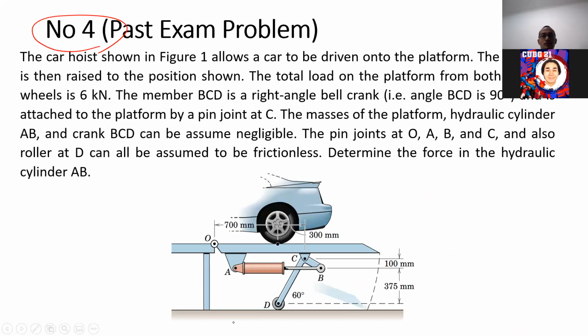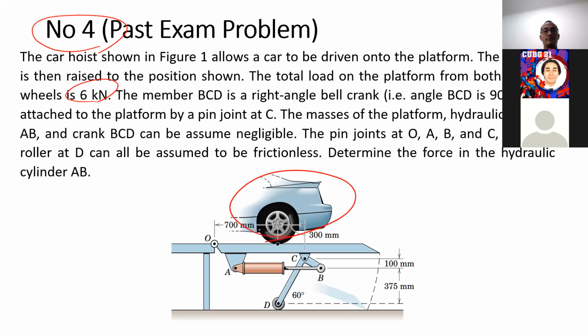Number 4. Just now, who asked for number 4? Me, sir. Irshad. Okay, Irshad. This one is from a past exam problem as well. It's about the car hoist. The total load on the platform from both rear wheels is 6 kilonewton.